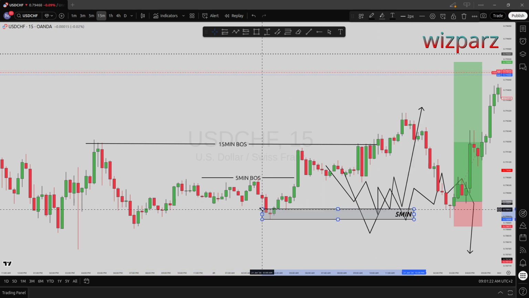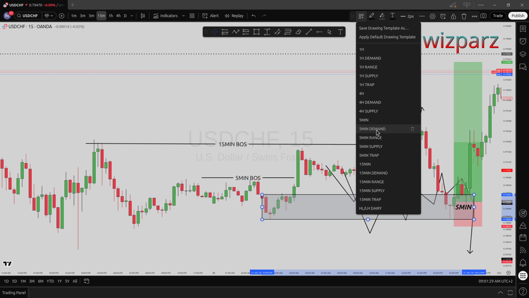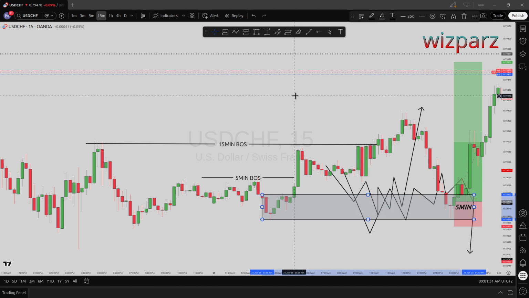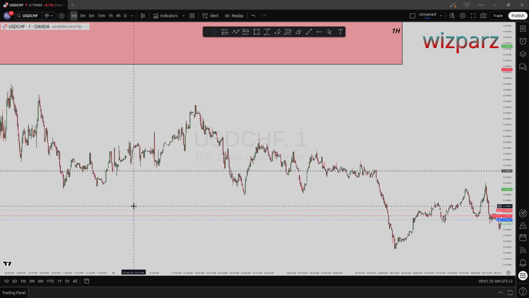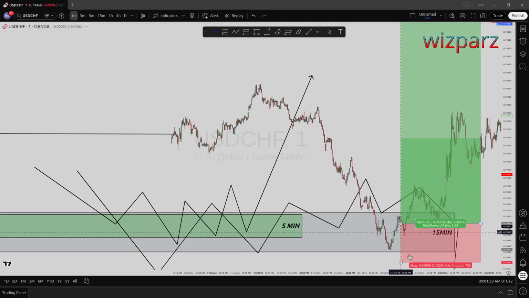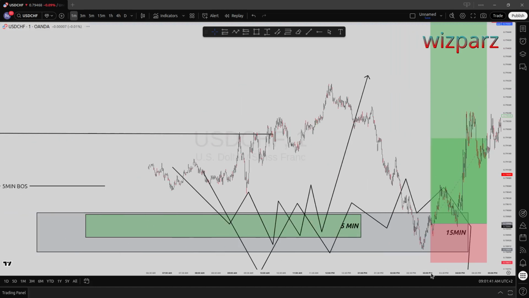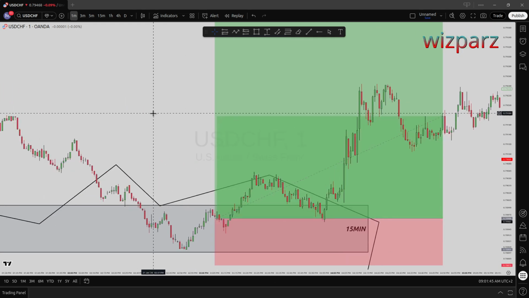And as you can see, the price has retraced back immediately to the formed 15-minute zone, and from here you should have taken a long entry, guys. As you can clearly see, we have a 1 minute change of character here.